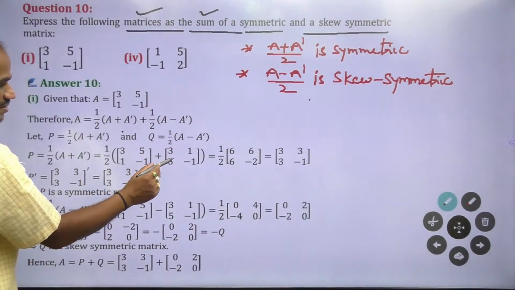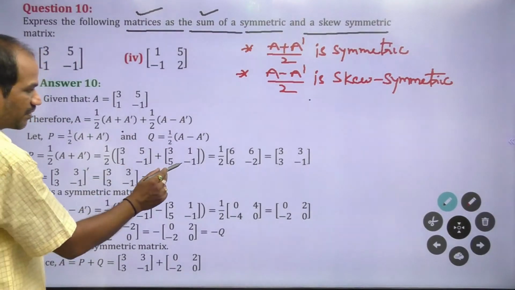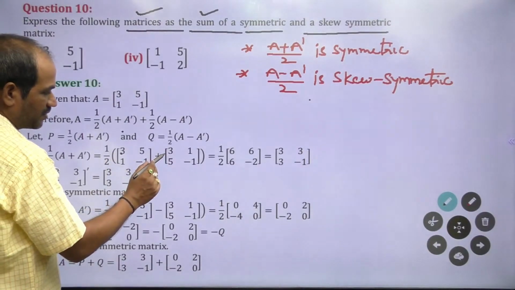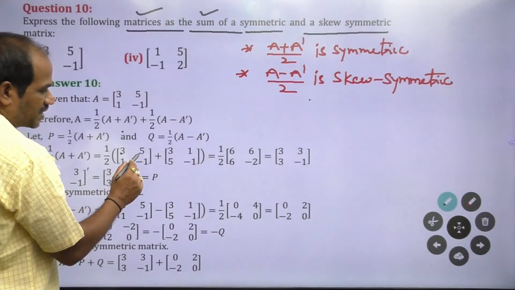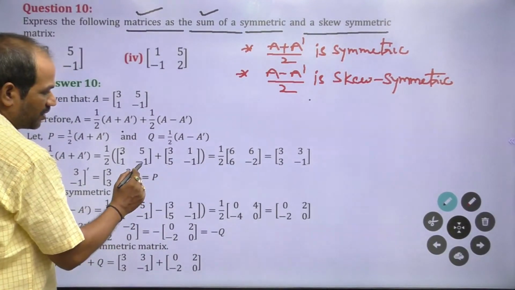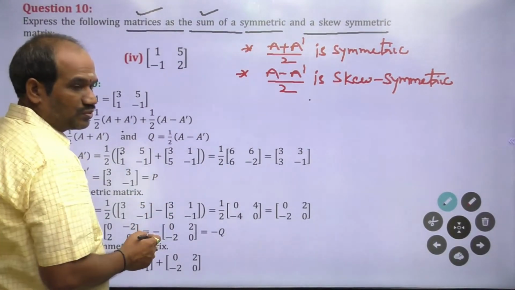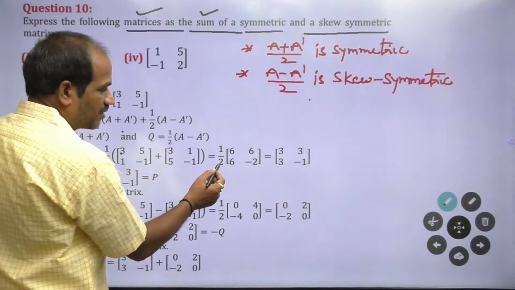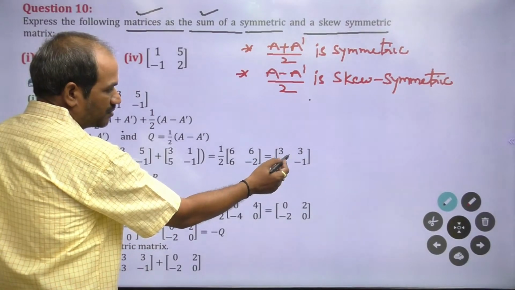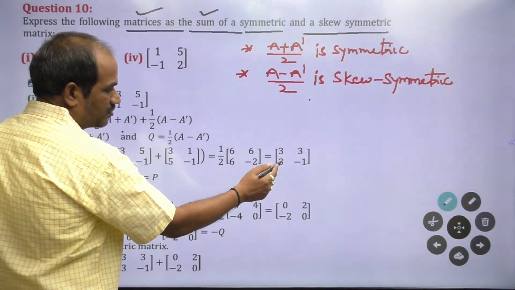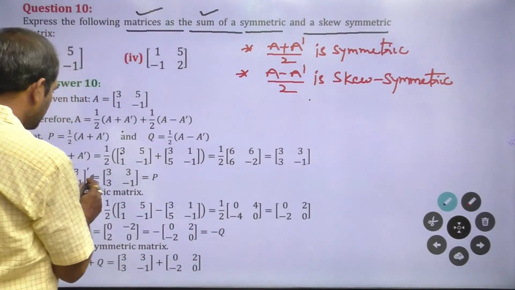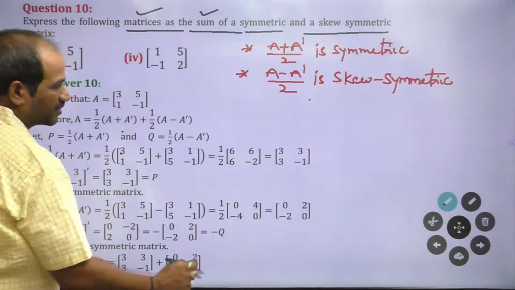Adding corresponding elements: 3 plus 3 is 6, 5 plus 1 is 6, 1 plus 5 is 6, and minus 1 plus minus 1 is minus 2. Multiplying by 1 by 2: 6 by 2 is 3, 6 by 2 is 3, 6 by 2 is 3, and minus 2 by 2 is minus 1. This matrix is P.